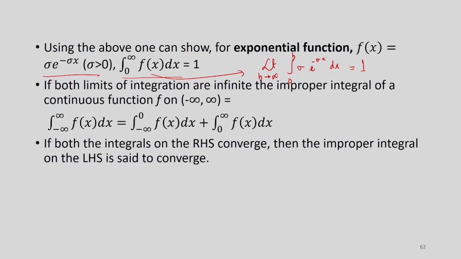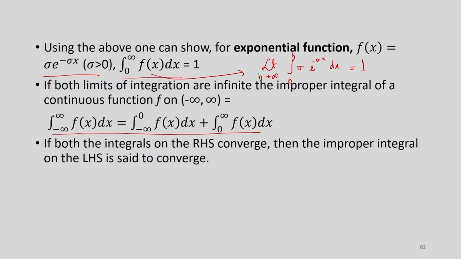If both limits of integration are infinite, the improper integral of a continuous function f from minus infinity to plus infinity can be written as this. So, the integration of f(x) dx from minus infinity to plus infinity is divided into two parts.